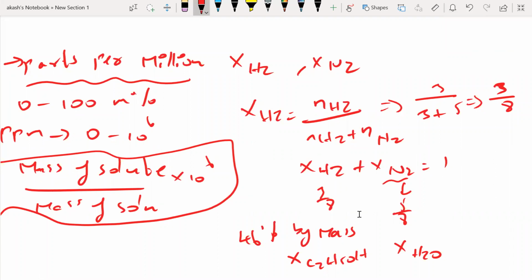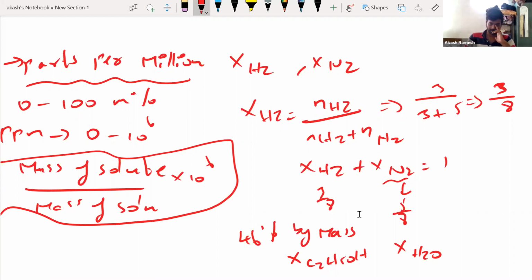Sir, it's already given. 46% means 46 by 100. 100 is the solution. 46 is the mass of ethanol. 46 grams will be the ethanol, 100 will be the grams of the total solution.